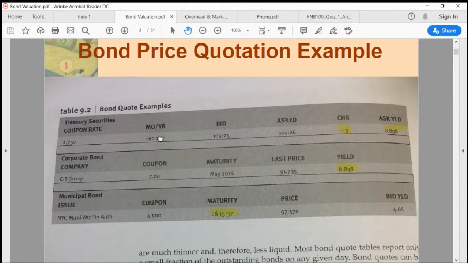So for Treasury, the first column was coupon rate, the second column is the maturity, month and year. And it says February 2013. It's not February 13th, it's month and year, right? So it's not the date. Of course, February 2013 is past for us, that was like 7 years ago.